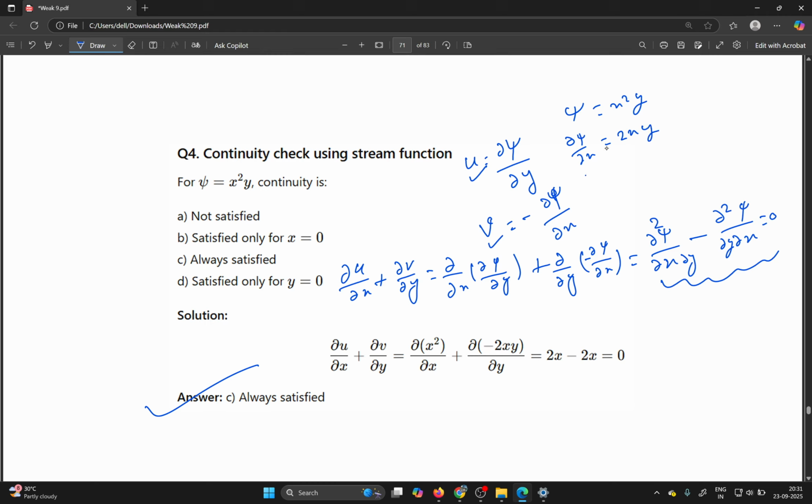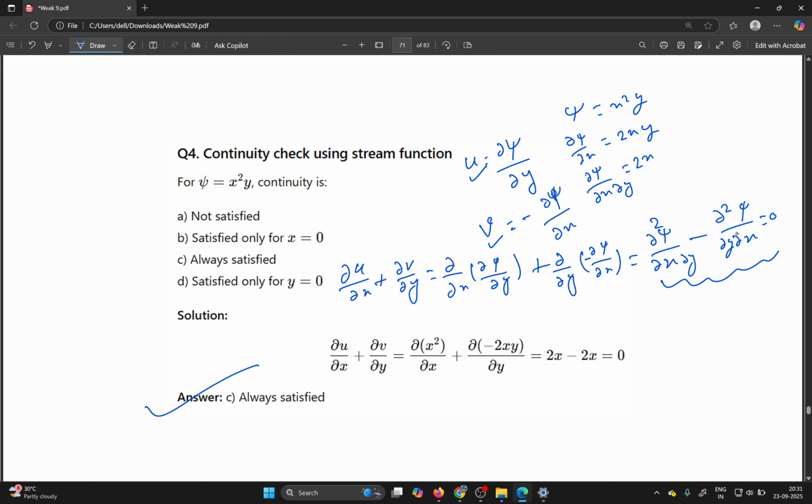When you differentiate the same thing with respect to y, del psi by del x we have already, 2xy, and differentiating it you will get 2x.